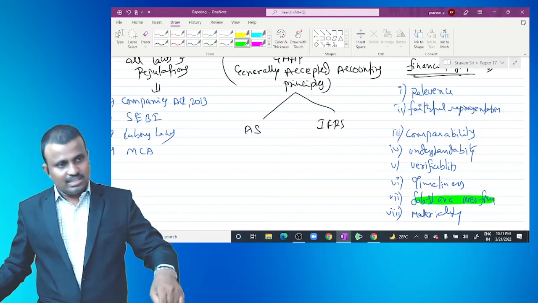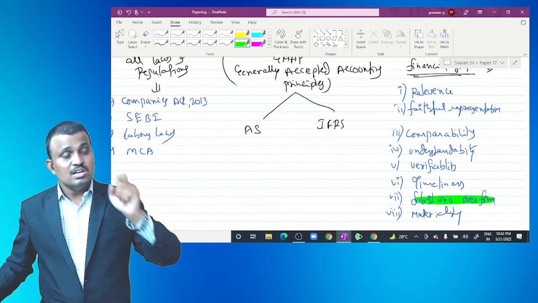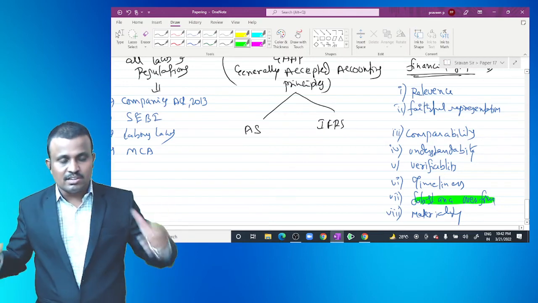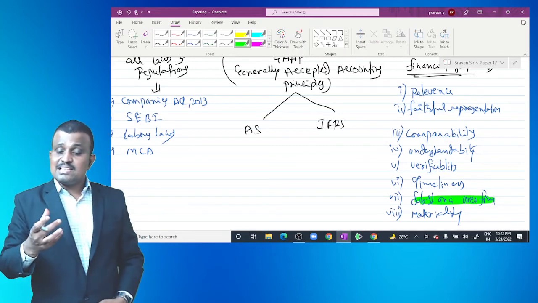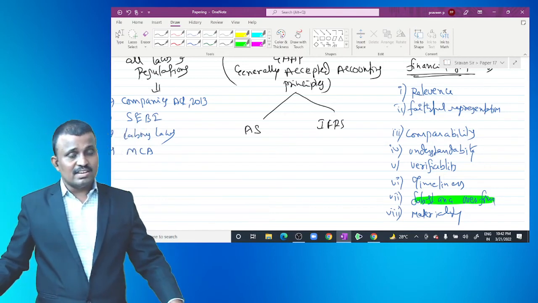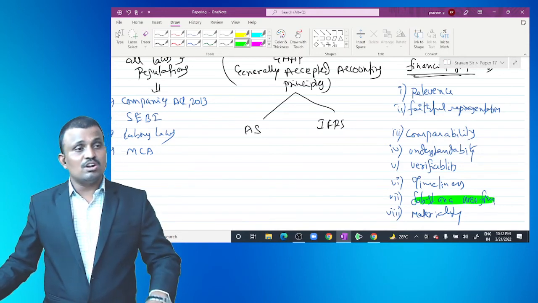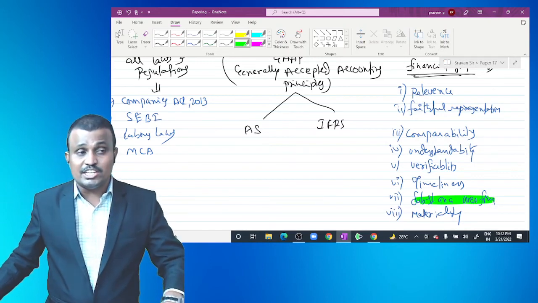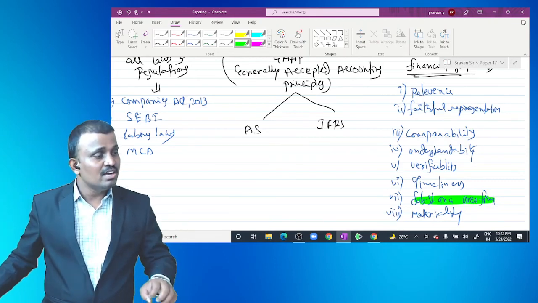But in reality, preference shares have more features of debt or obligation, nothing but liability features. Because preference shares are required to be paid after some period, and they carry a fixed, predetermined rate of dividend. So preference shares are treated as a long-term liability as per IAS instead of forming part of share capital. So we have to consider the reality of the transaction rather than the legal formality.